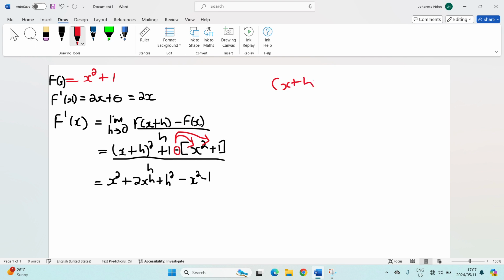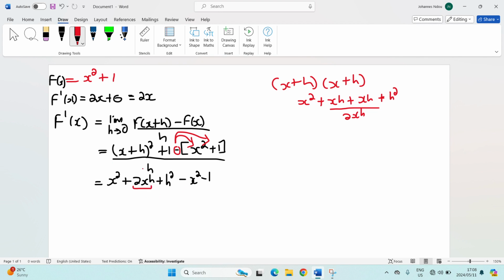It is x plus h into x plus h. Now if we say x times x, you get x squared. You say x times h, you get xh. Another x times h is xh, and h times h is h squared. Now these two add up to 2xh, which is the middle term which we have over here.